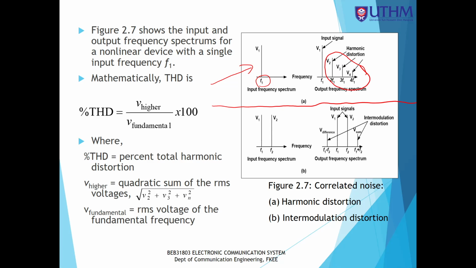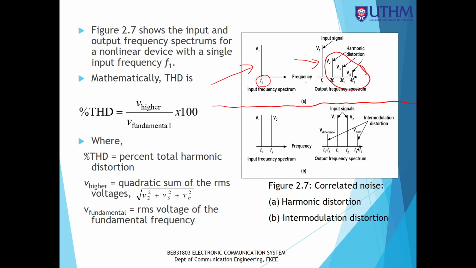Yang paling kiri adalah original signal, input signal. So masuk ke dalam signal through a non-linear amplification, berlaku harmonic distortions. So it is going to produce small amplitude signals, which we call harmonics, yang terletak pada frekuensi 2F1, 3F1 dan 4F1.